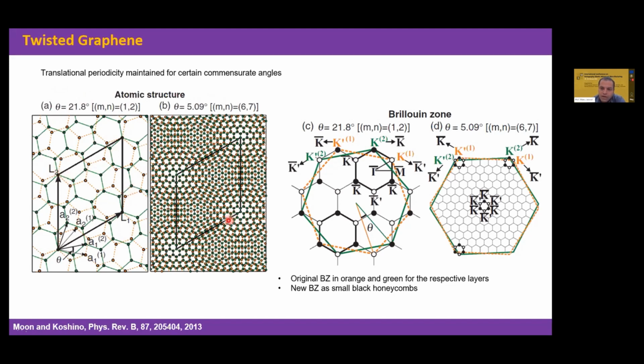This means that small angles are associated with large periodicity in real space, and the corresponding periodicity of the Brillouin zone is the opposite. That is, when there is large periodicity in real space, the size of the Brillouin zone is extremely small, as indicated by these small black honeycombs. And the original size of graphene's Brillouin zone is depicted by the green and the orange hexagons, as shown here.